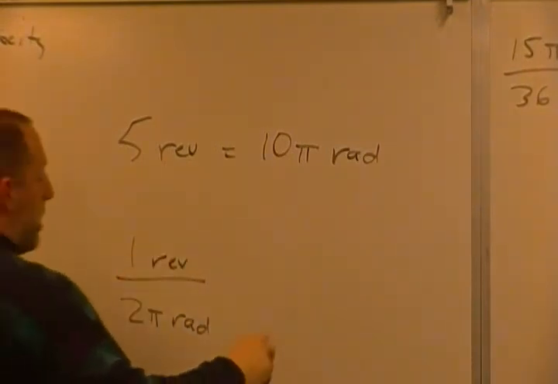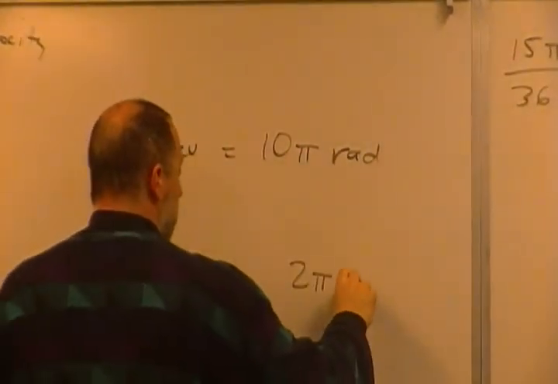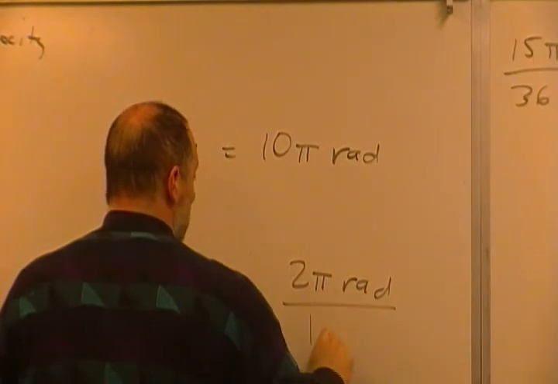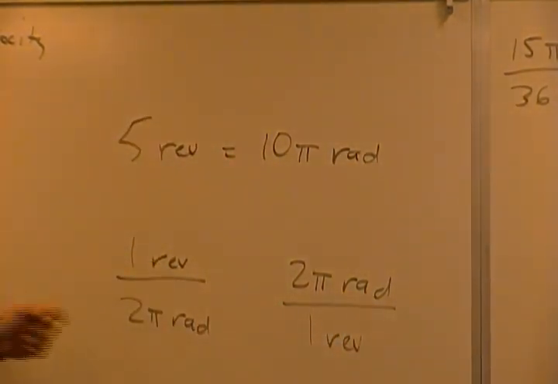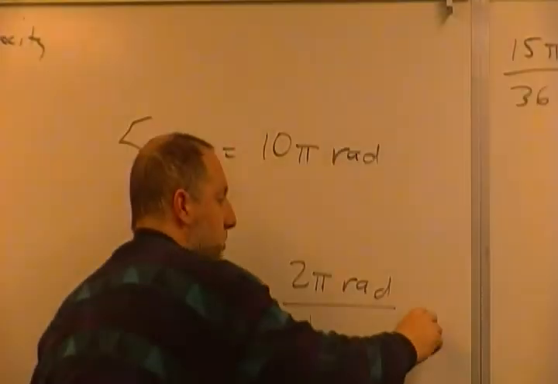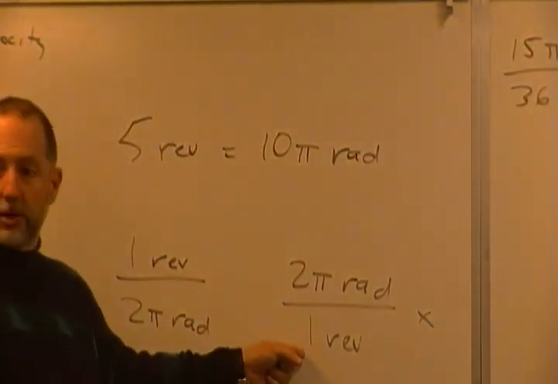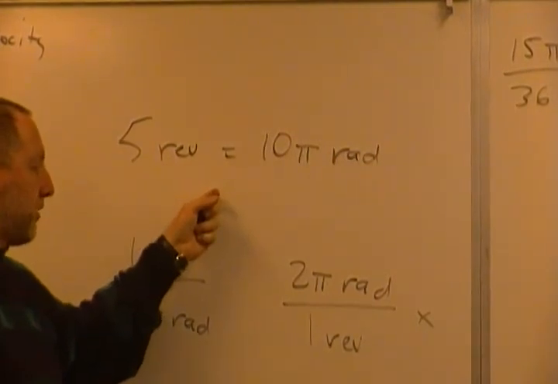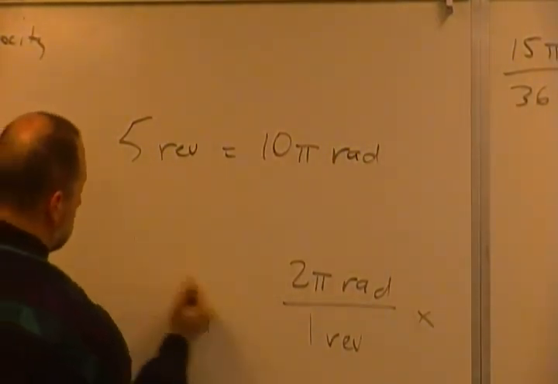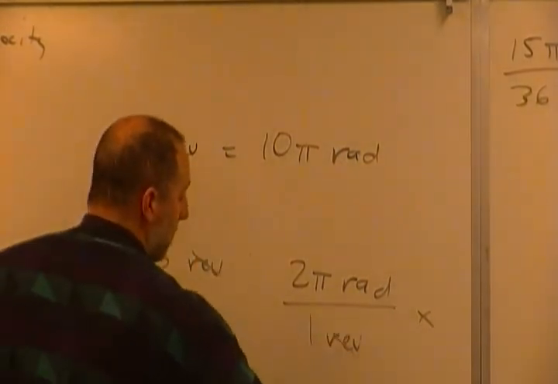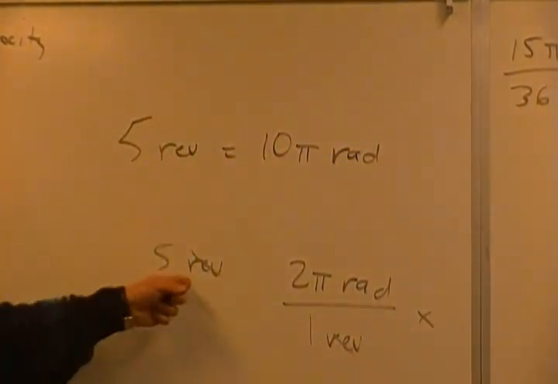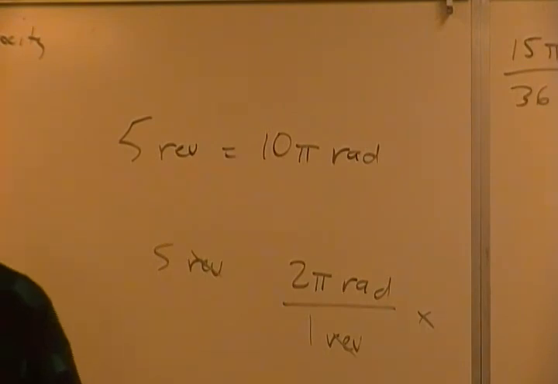Depending on the problem, you'll either multiply by 2 pi radians per 1 revolution, or by 1 revolution over 2 pi radians. The first is more typical because usually they'll give you revolutions. In this case, with 5 revolutions, I cancel out my revolutions, so I get 5 times 2 pi, and that gives me the number of radians. That's my angular displacement. So far, so good?